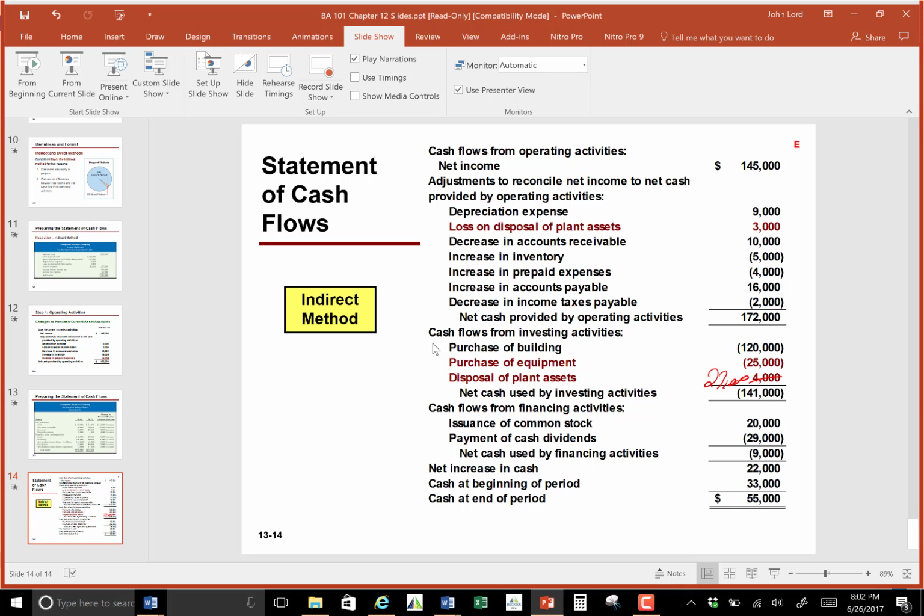Okay? Now, when I prepare the balance sheet, I'm going to have accounts receivable of 100,000 at the end of the year and 0 at the beginning of the year.